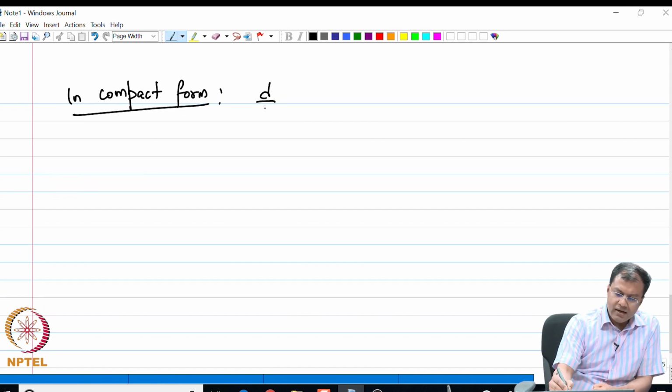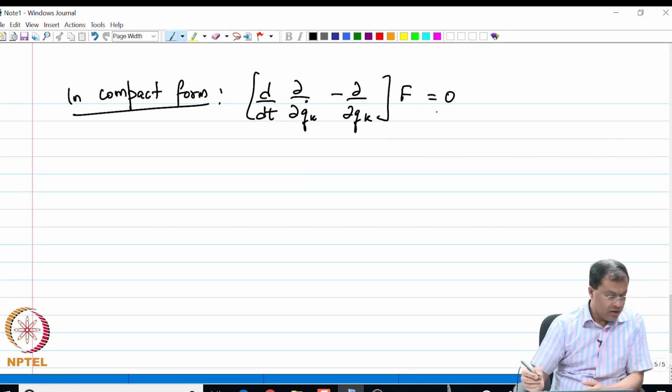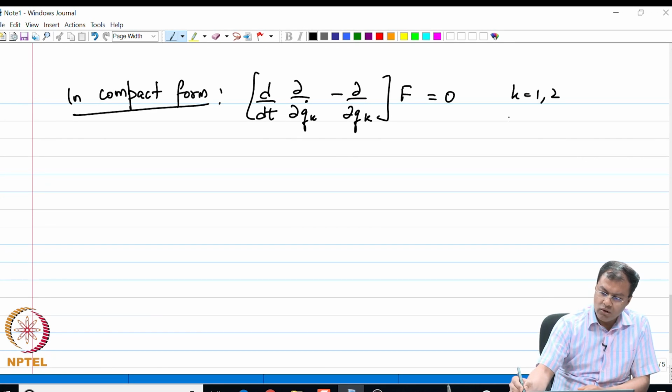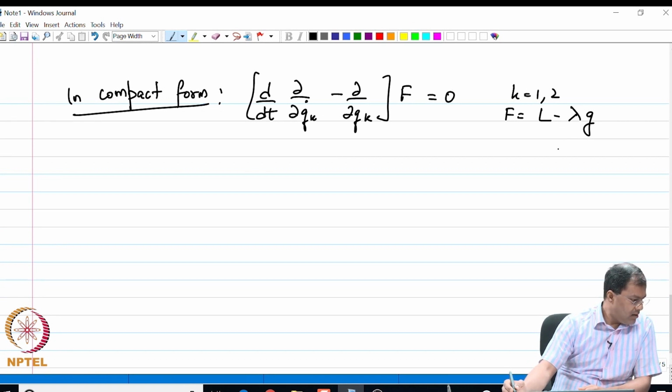I must have d dt of del q k dot minus del q k, of f, equal to 0 for k equal to 1, 2, where f is L minus lambda g, where L is the integrand of the functional and g is the holonomic constraint. Let me call this result 4.